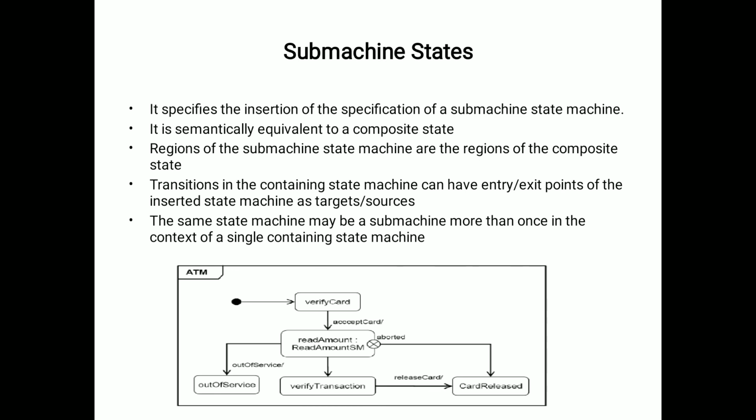Regions of the submachine state machine are the regions of the composite state. Transitions in the containing state machine can have entry or exit points of the inserted state machine as target or source. The same state machine may be a submachine more than once in the context of a single containing state machine.